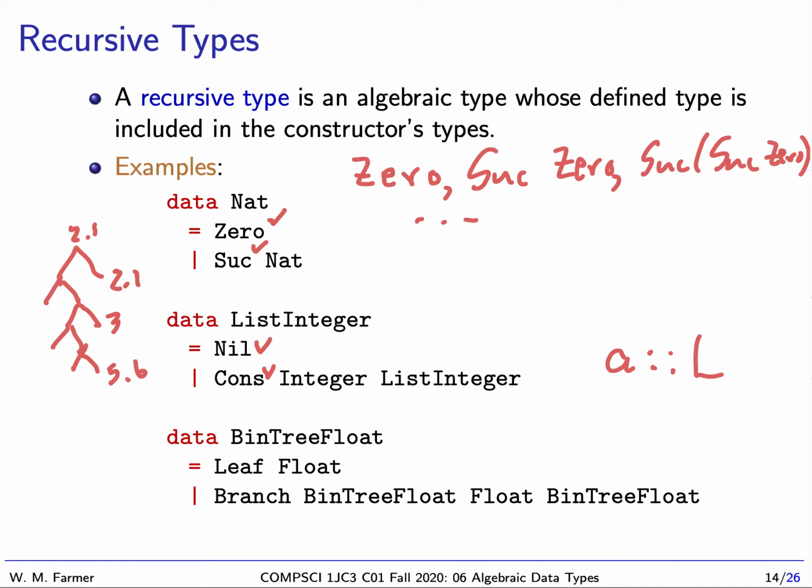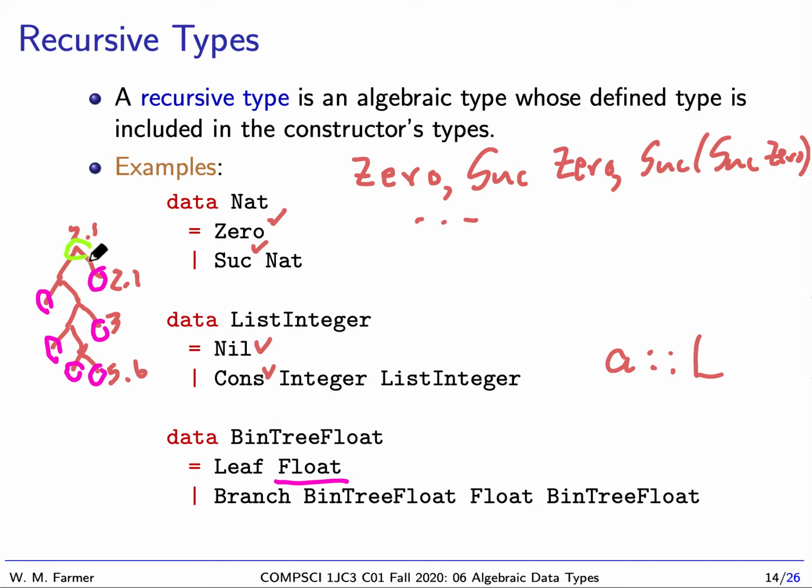All the nodes are attached. And so there's two kinds of nodes here. There are leaf nodes. These are the leaf nodes. And they're all going to have a float attached to them at those nodes. So these leaf nodes are bin tree floats in themselves. And then there are also branch nodes.